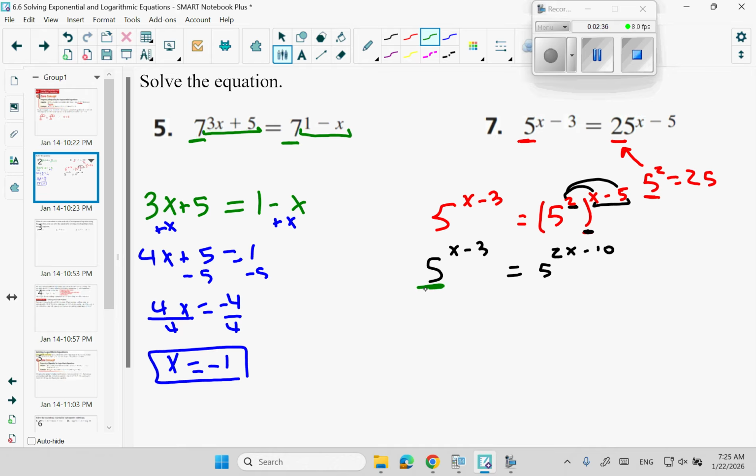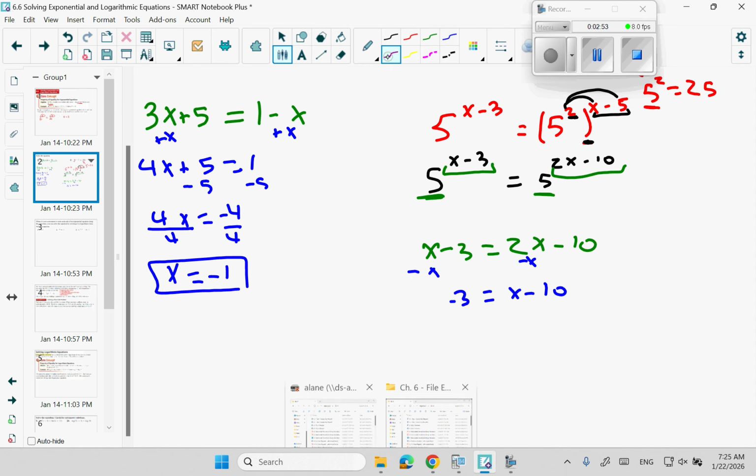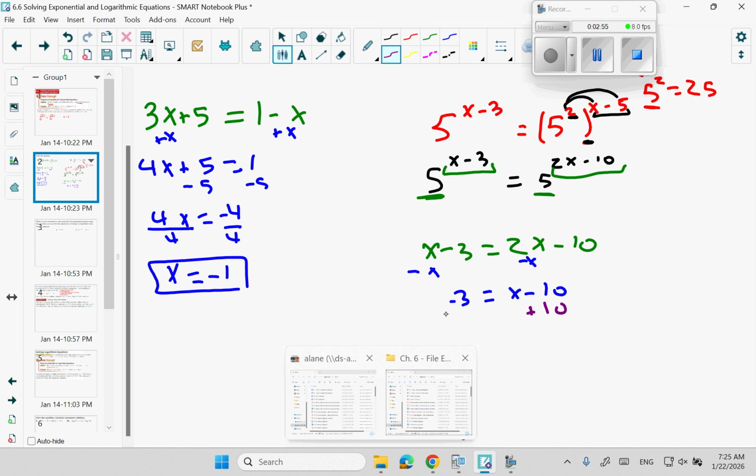But now I have the same bases, so my exponents have to be equal. So x minus 3 equals 2x minus 10. Get my x's together. Negative 3 equals x minus 10. Get everything away from the x. So we get x equals 7.